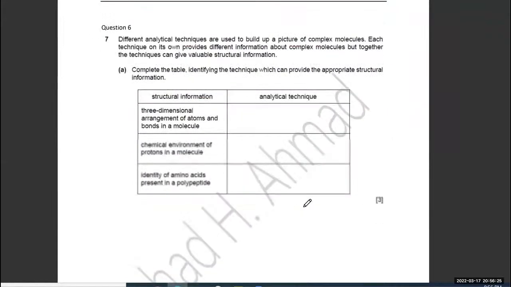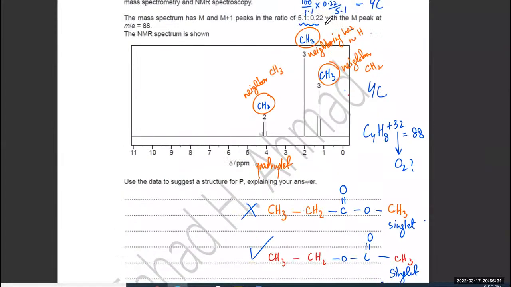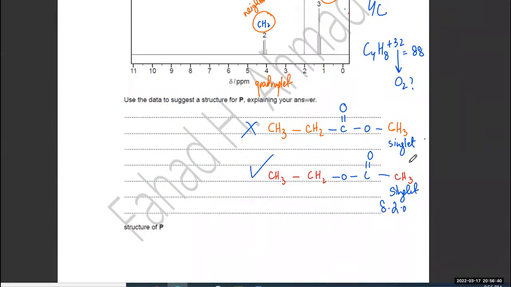I mean, you have C double bond O, and from both sides we're getting an alkyl chain, because a singlet was CH3, right? So in both cases, the singlet peak is this one, not the other one.